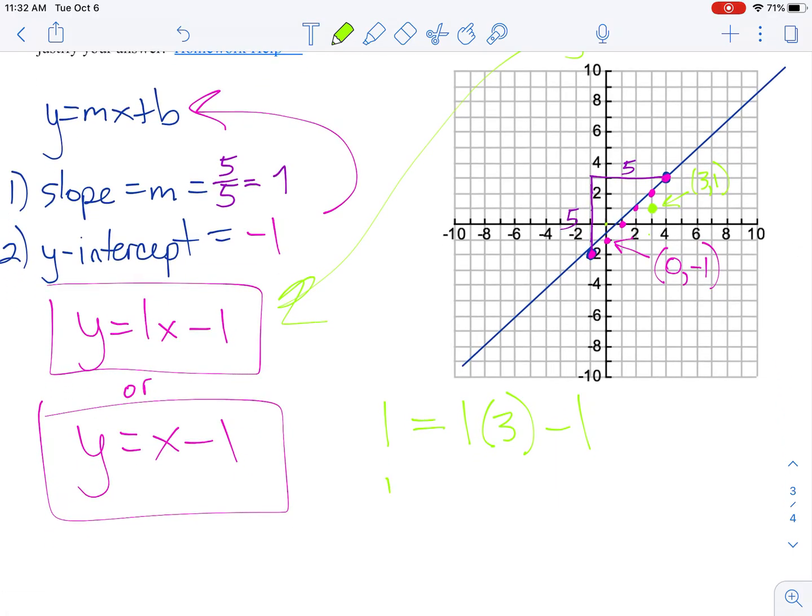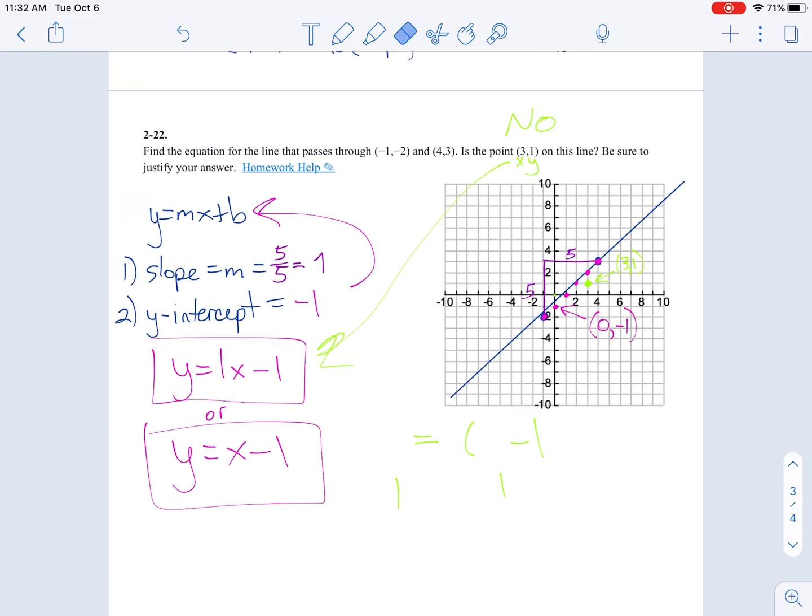And so if we reduce the right side, we're going to get 3 minus 1, which is 2. So does 1 equal 2? No. And since this point does not work inside of that equation, and it doesn't make it true, that means it's not on the line. If it does make the equation true, that means it is on the line. So that's how you can test it out. All right.